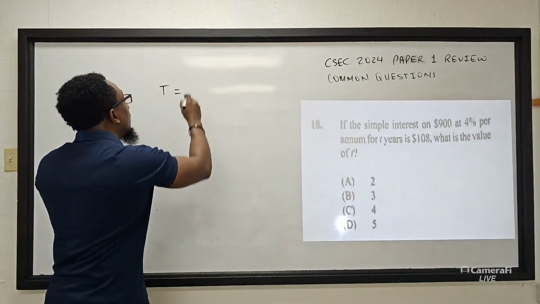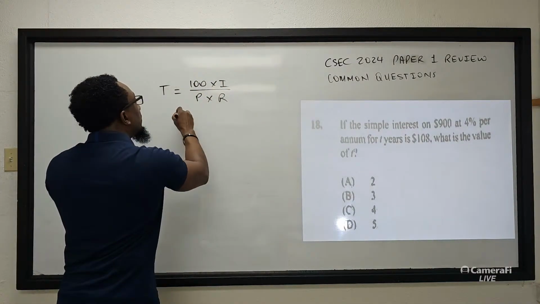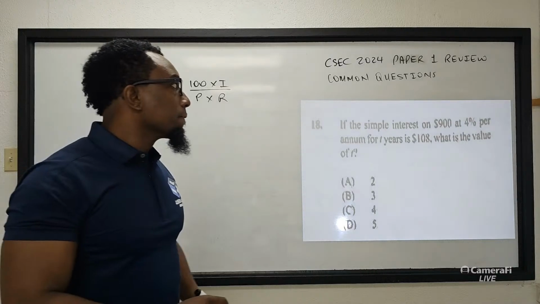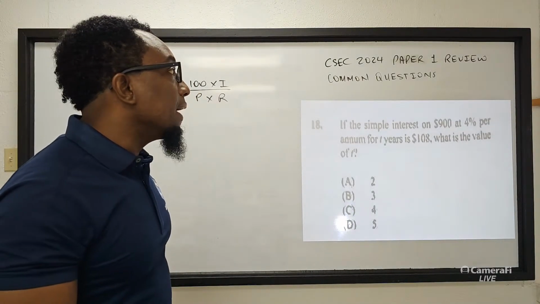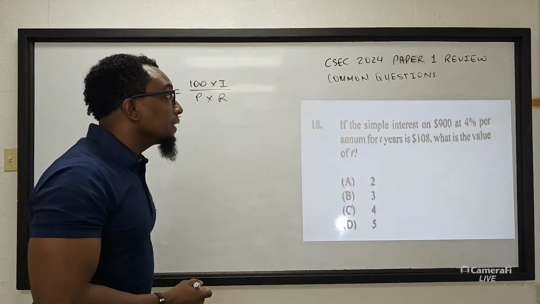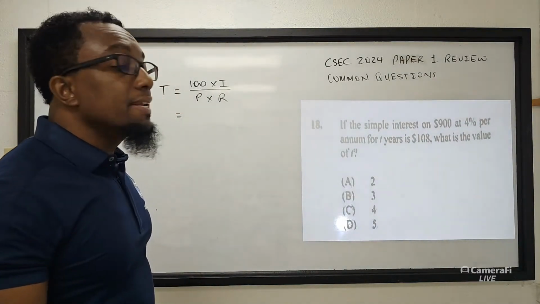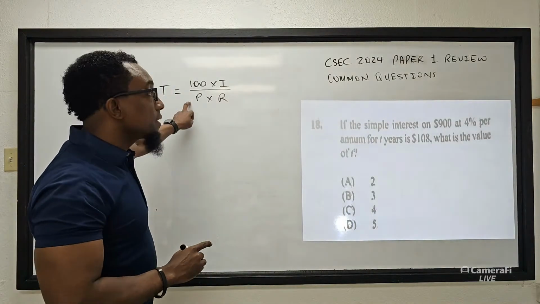It is going to be 100 times the interest over the principal by the rate. Good? So if the simple interest on $900 at 4% per annum for T years is 108, so the simple interest is 108, and the $900 will be the principal, right? Can't mix up the two.